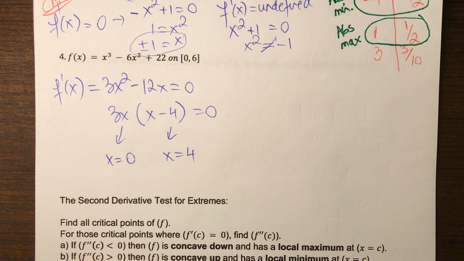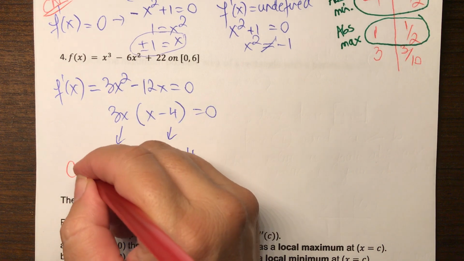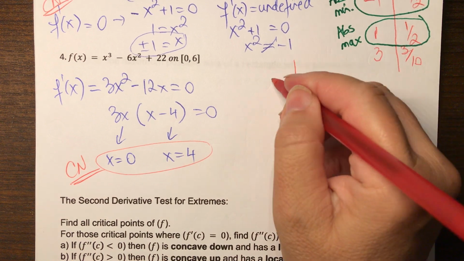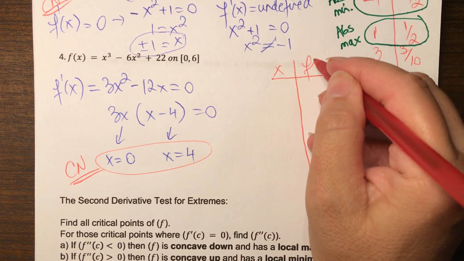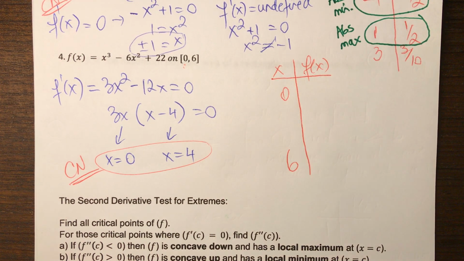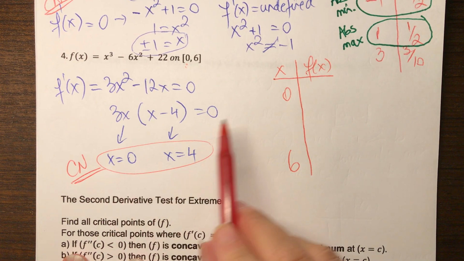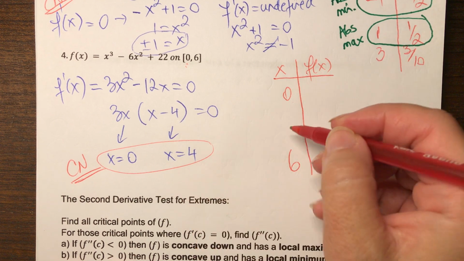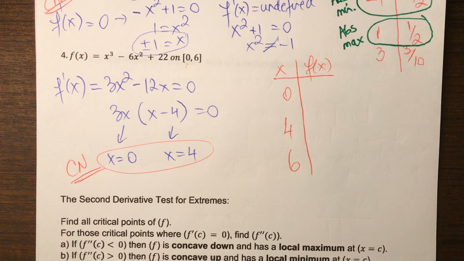Okay. What do I do with these? Well, I'm going to see which ones fit between what and what values. From 0 to 6. Okay, so 0 already matches this one. I don't have to plug it in twice. 4 definitely fits in between, so I only have to look at 3 points.